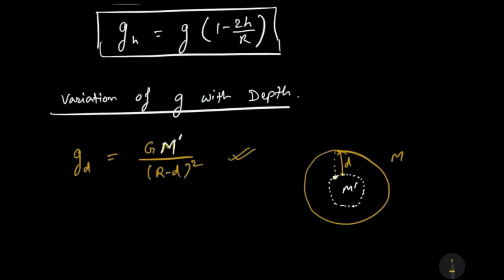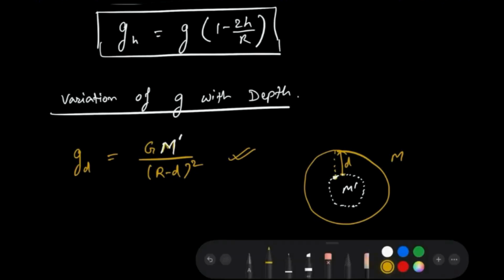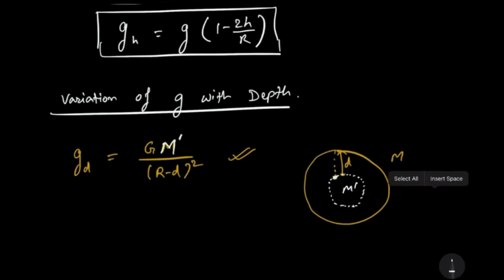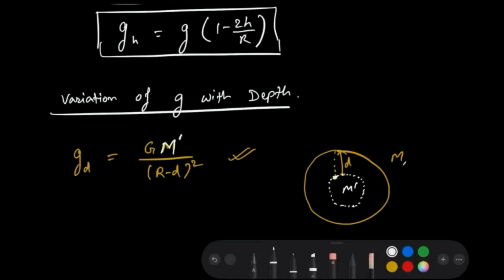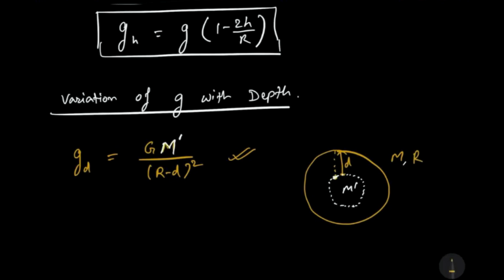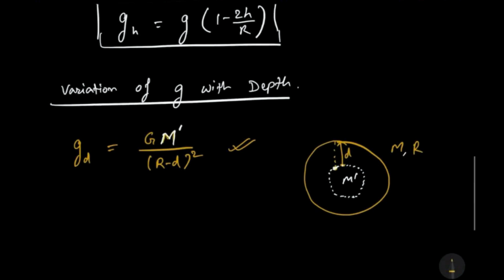Find out this M dash, no? This small sphere, 4 by 3 pi R cube. So, sir, if you can give us the length of d, then we can find out. All right. So d is known, mass is M, the radius of the Earth is R. So this is given to us. So find the density of the Earth. Assume the density to be constant.